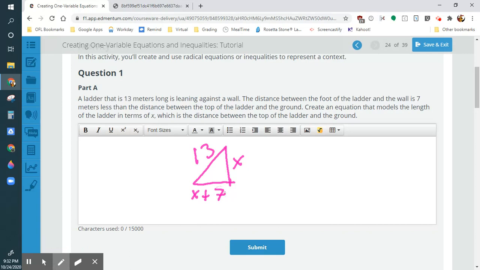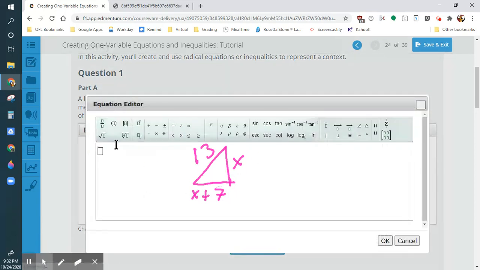I was like, wait, that's too much to add. There we go. So we have this, and we're going to do x squared plus b squared equals c squared. So let's get this done. All right, so we're going to do x squared plus b squared, and we have to put the x plus 7 in parentheses because this whole length is going to get squared. That plus 13 squared, and I randomly know that 13 squared is 169.